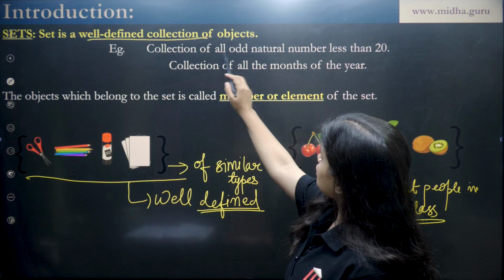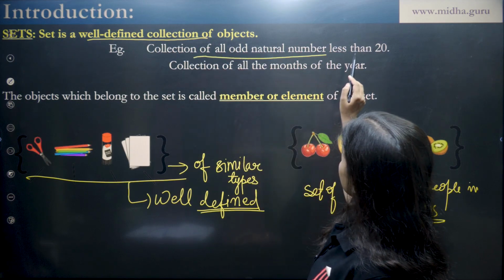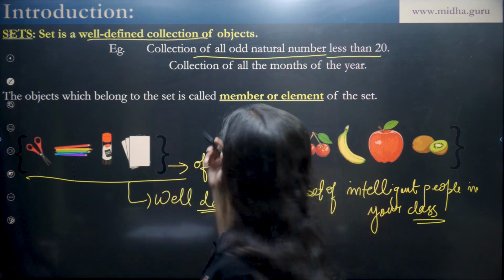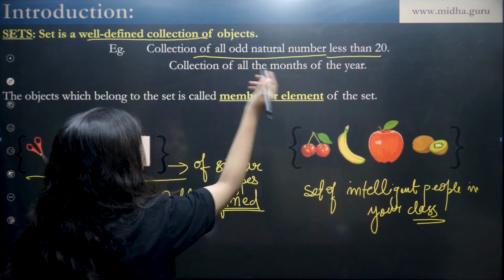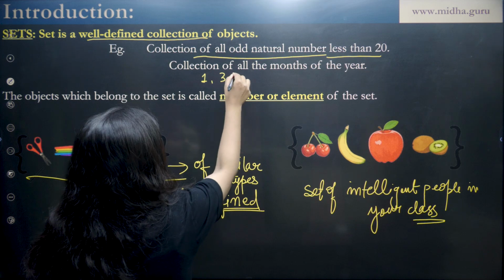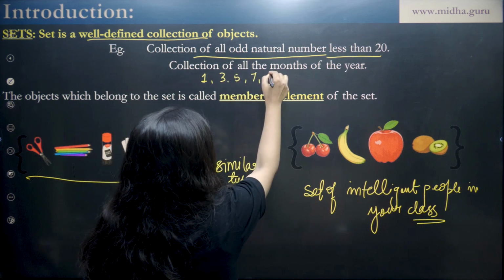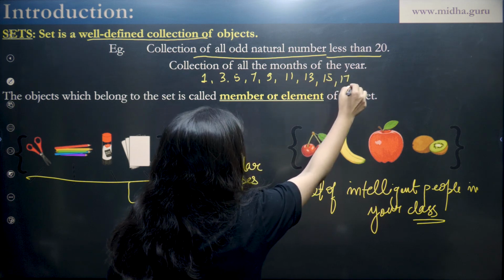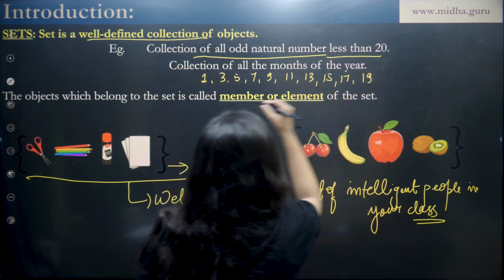For example, a collection of odd natural numbers less than 20. What does that mean? Odd natural numbers less than 20: 1, 3, 5, 7, 9, 11, 13, 15, 17 and 19.